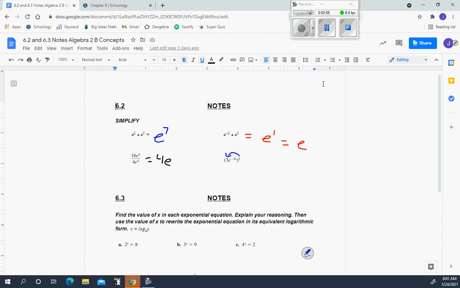So we go 3 squared, that's 9. But then when we have an exponent, e to the -4x, remember all we do is multiply our exponent. So -4x times 2, that's -8x. Oh, sorry, e to the -8x. Ooh, almost forgot. Almost a major mistake.